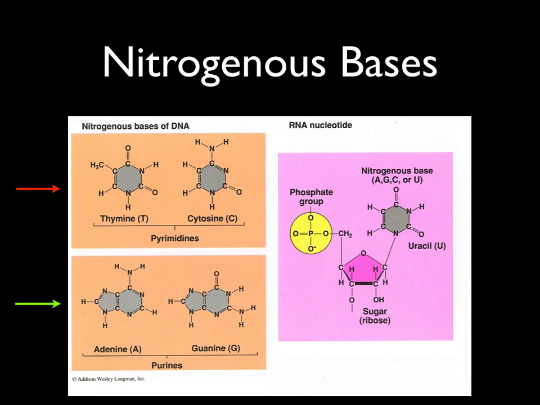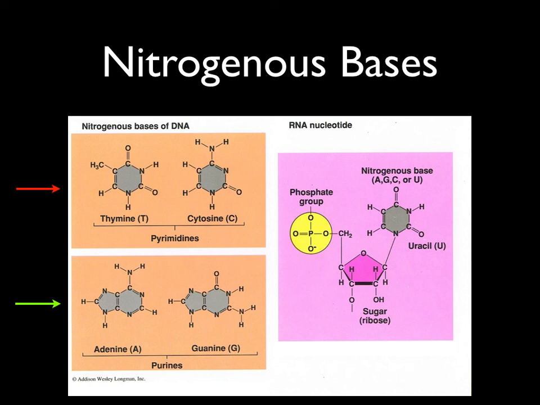Now, the way I like to keep each group separate in my mind is to think about the length of the words purine and pyrimidine compared to the size of the molecule. So, for example, the pyrimidines, thymine and cytosine, are single-ringed structures. So they're smaller than the purines, but the word pyrimidine is much bigger. In other words, it has more letters in it.